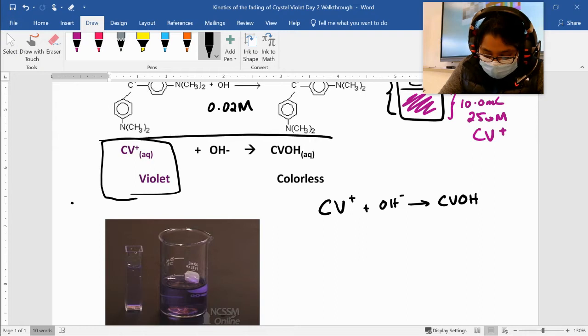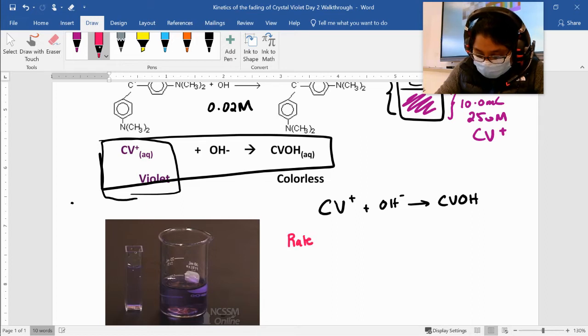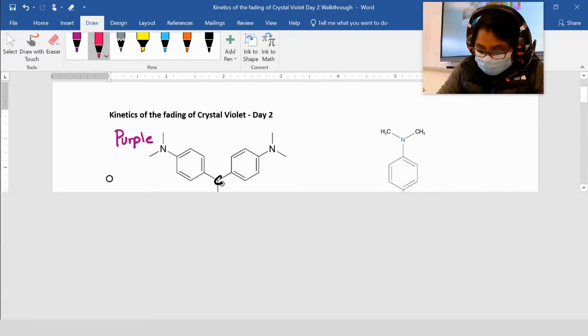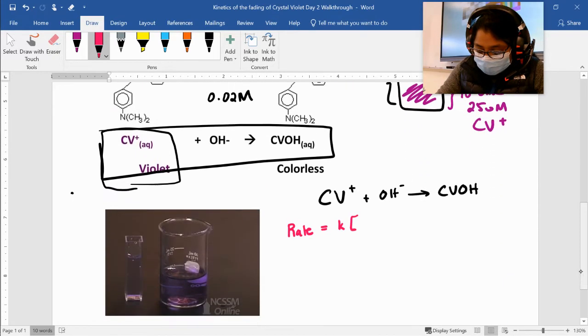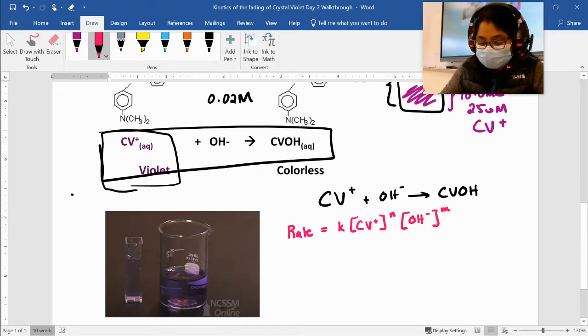That's your initial reaction. If I were to write a rate law for this, we're trying to figure out the order of the reaction, so it'll be rate equals rate constant, times the concentration of CV to whatever order that is, which is to be experimentally obtained, times the concentration of hydroxide to whatever order that is. That is what you expect the rate law to be.